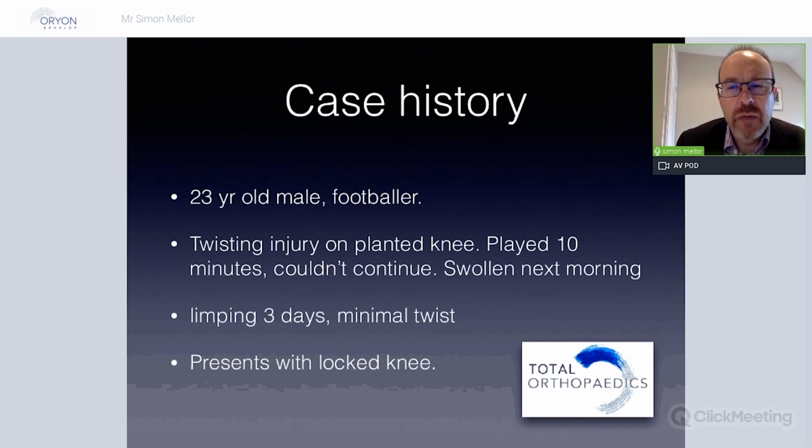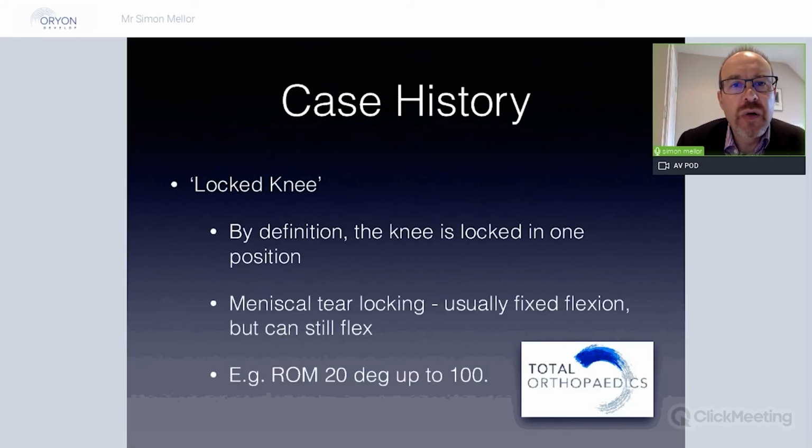Now, we have to be careful about what we describe as locking of the knee. By definition, true locking of a knee means that the knee is held in one position, and in orthopedic circles we usually describe true locking as implying that the knee is unable to extend beyond a certain blockage point, whereas flexion may still be retained.